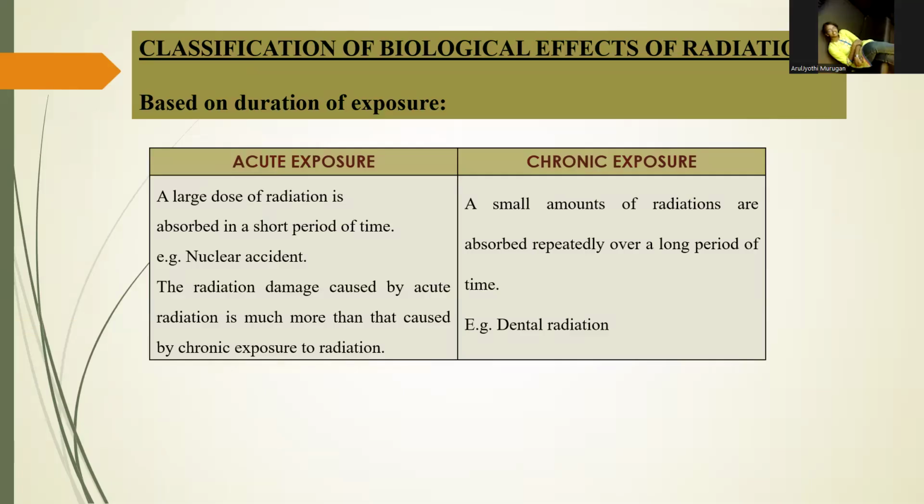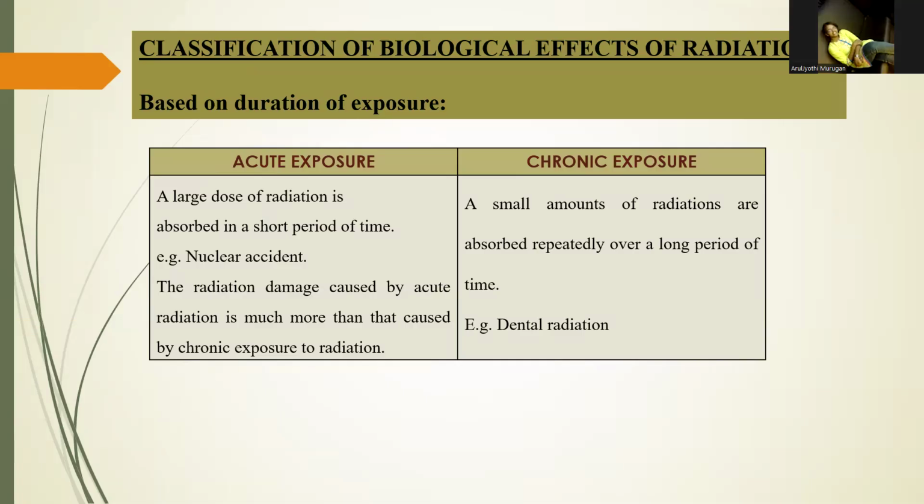As for classification of biological effects of radiation, based on the duration, how long we have been exposed to radiation, it can be acute exposure, which is the sudden exposure to a large dose of radiation. An example is the nuclear accident which happened in Hiroshima and Nagasaki. The people from that place still continue to carry the effects of this ionizing radiation.